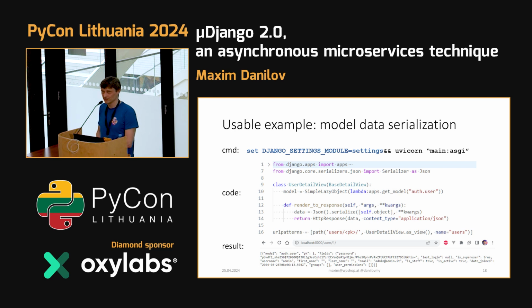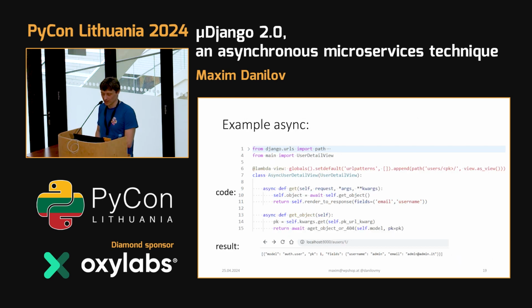But somebody who saw this code asked me, Max, you run it async, but the view is not async. Okay, this is a good question, and we can run it async. I create a normal async view based on the base view classes, class-based views, and one small trick.